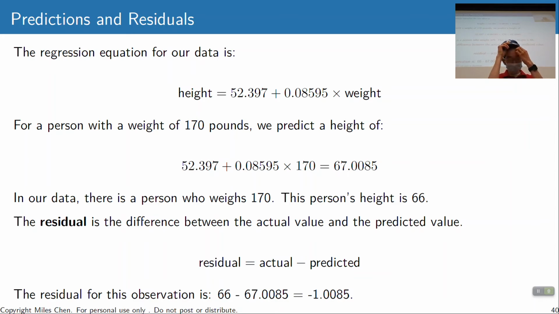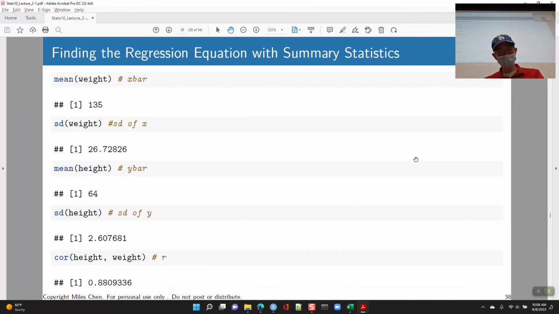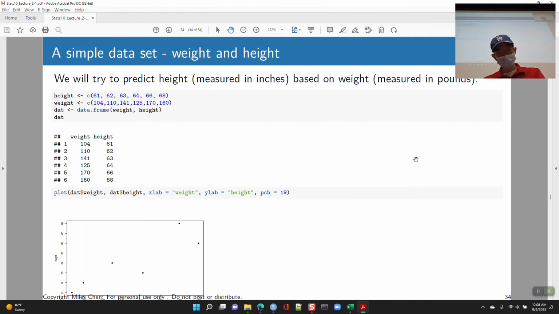Okay, so that's what we predict. If someone's 170 pounds, we predict they're 67 inches tall. When we look at our data set, there is somebody who weighs 170 pounds, and their height is 66 inches tall.